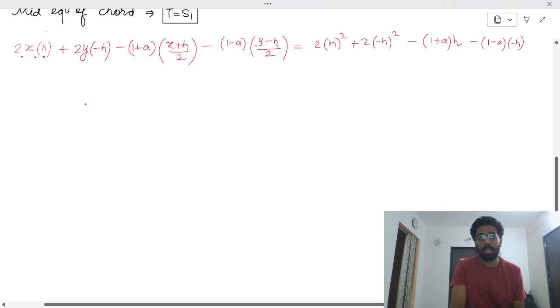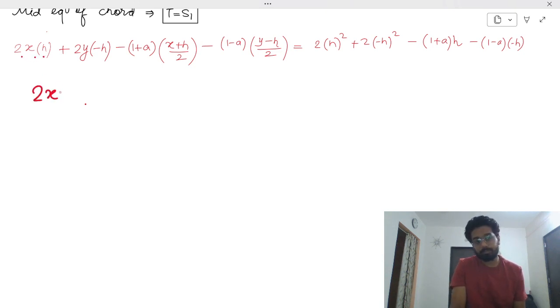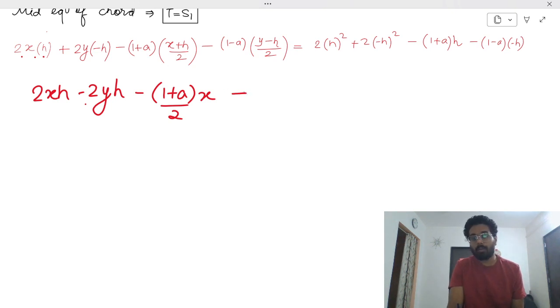Let's see. 2xh minus 2yh, 1 plus a into x by 2. So 1 plus a by 2 into x. 1 plus a, now we will have, one more thing we can do after this step. 1 plus a into h by 2.